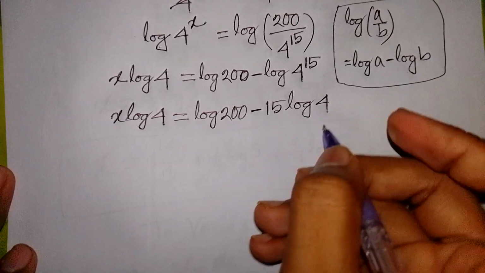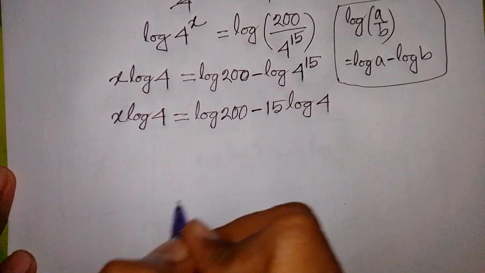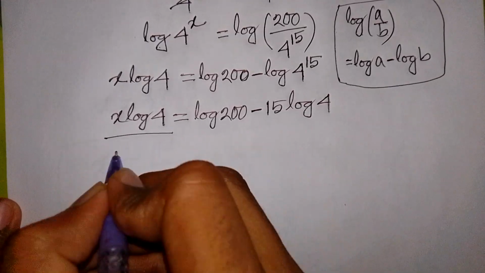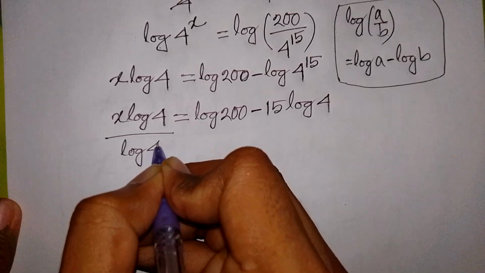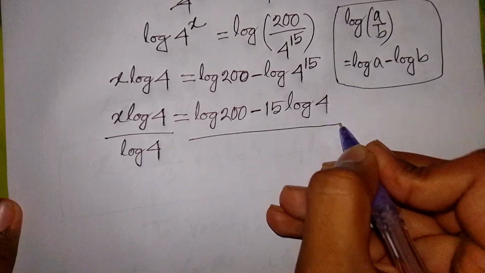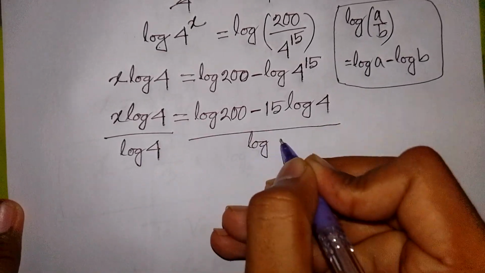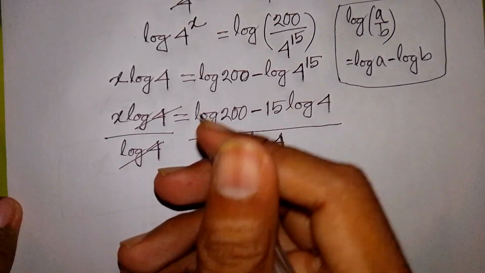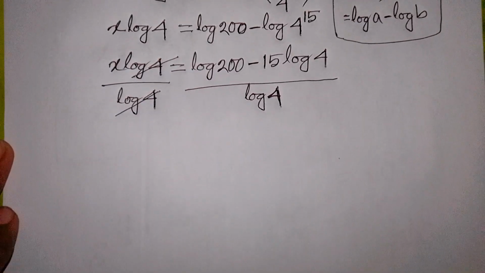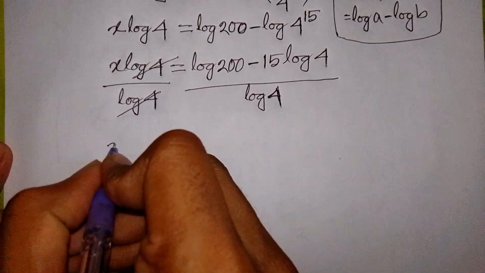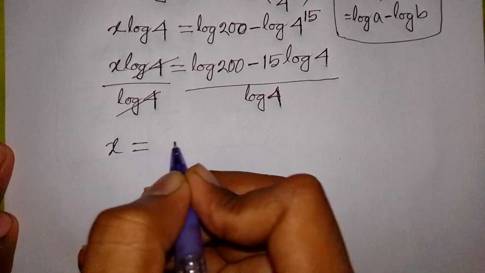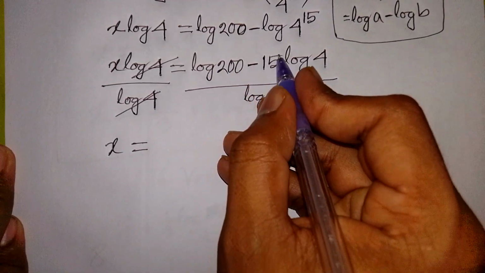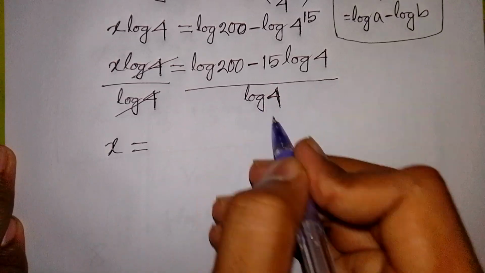Now we divide by log 4 on both sides because we need the value of x. We see this log 4 will be cancelled. So we have x will be equal to this part over log 4 minus this part over log 4.